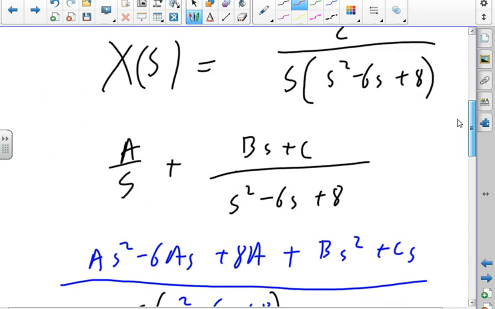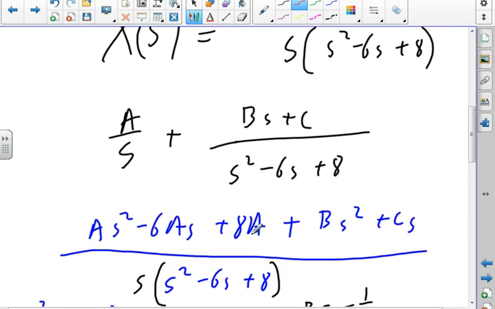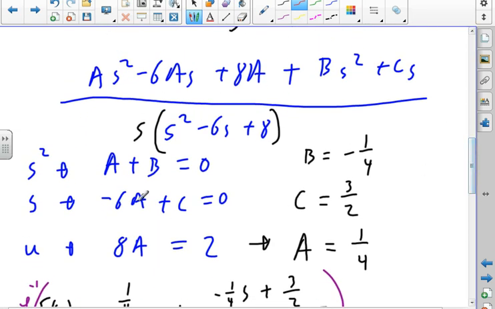Okay, so how sure are we about this partial fraction thing? A plus b is 0. Pretty sure about that. Minus 6a plus c is 0. Pretty sure about that. 8a is 2.